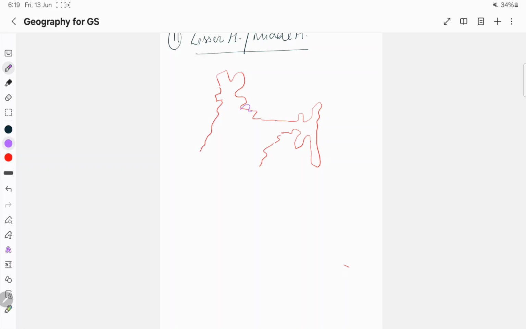So this was the line for the Greater Himalayas. We're not going to focus on that, but we are going to focus on the Lesser Himalayas. So this is the line for the Lesser Himalayas. We are going to talk about it.